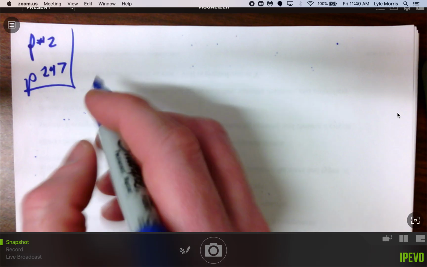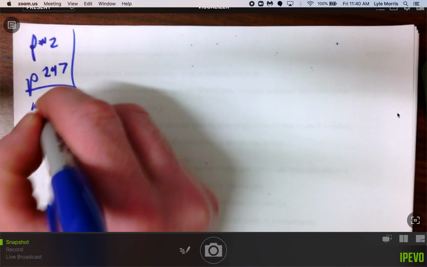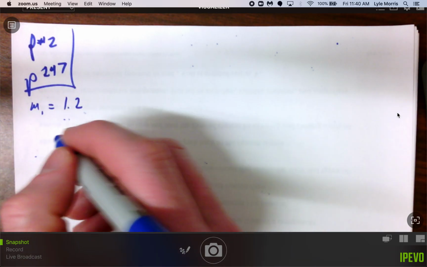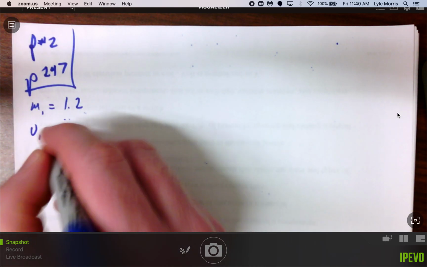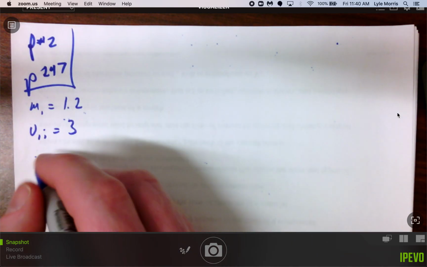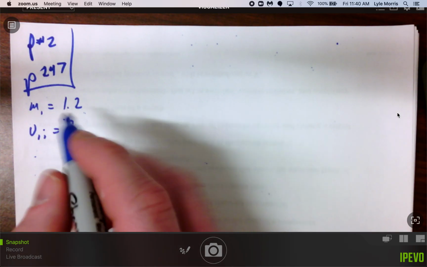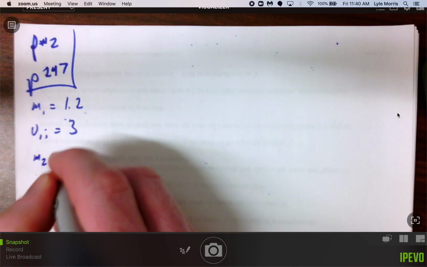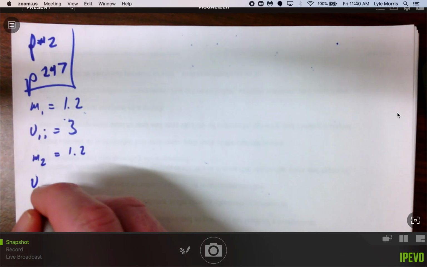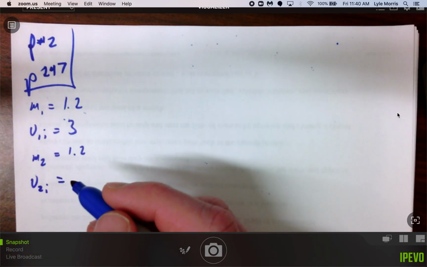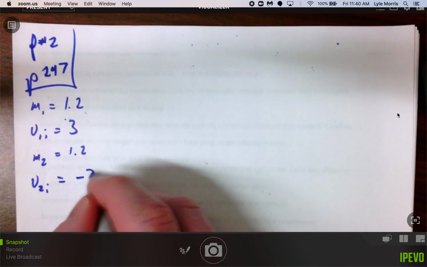A 1.2 kilogram glider, M1 equals 1.2, moving at 3 meters per second to the right, V1I equals 3, elastic head-on collision with a glider of equal mass, M2 equals 1.2. V2I, but it is going 3 to the left.